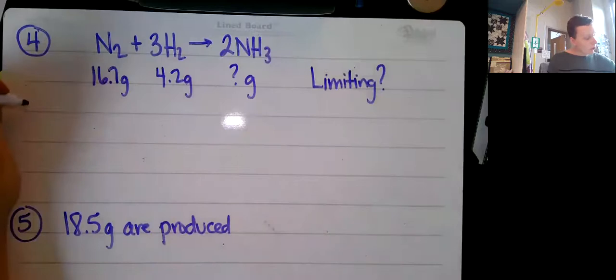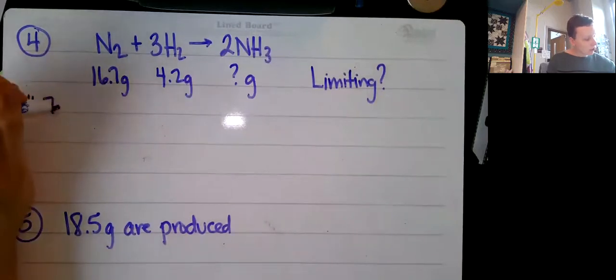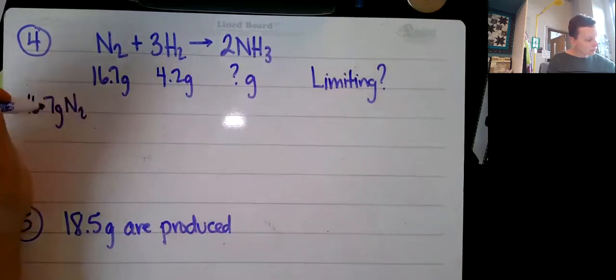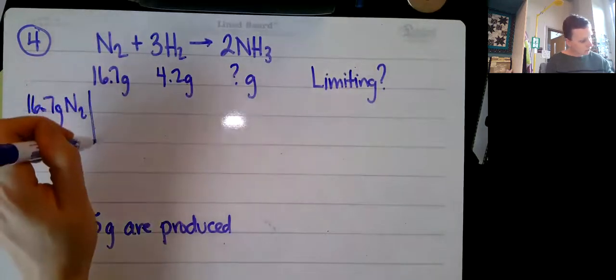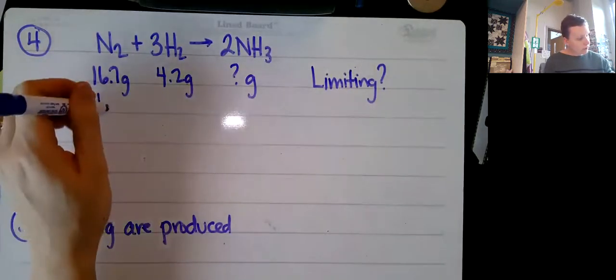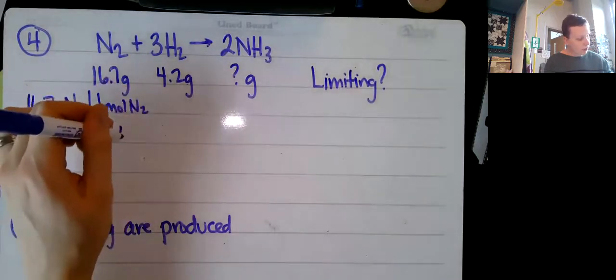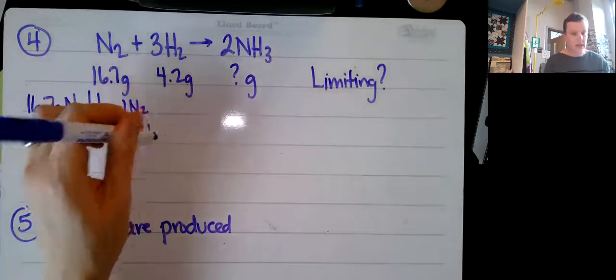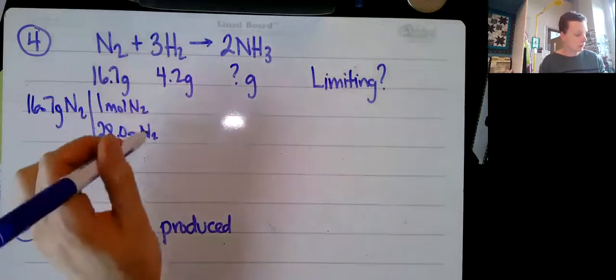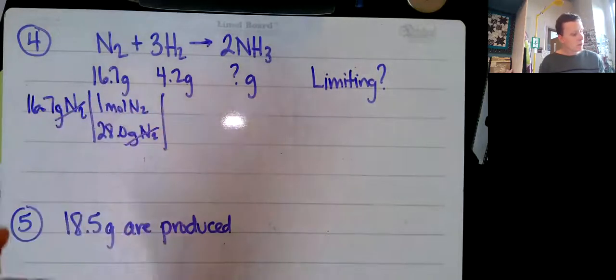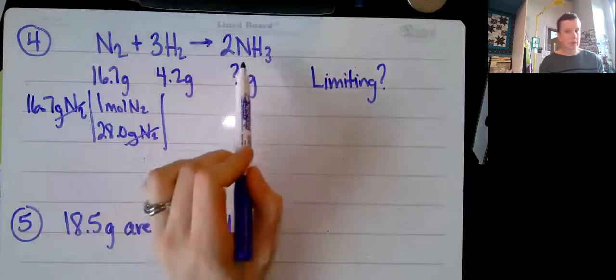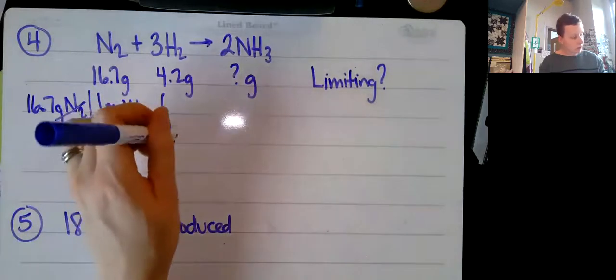Okay, so 16.7 grams of nitrogen. 1 mole of nitrogen is 28.0 grams because it's diatomic, so we have to double that molar mass on the periodic table. Molar mass on this one is 1 mole of nitrogen for every 2 moles of NH3.